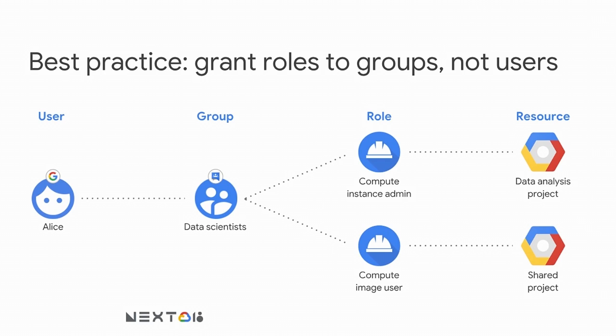And you might be inclined to say, oh, yes, let's put Alice in the binding for these 2 policies. That's not best practice. If you instead, from day one, create a group called data scientist in this example, and you add Alice to that group, once your usage in cloud grows, it might be that you add many, many more resources and many more policies.